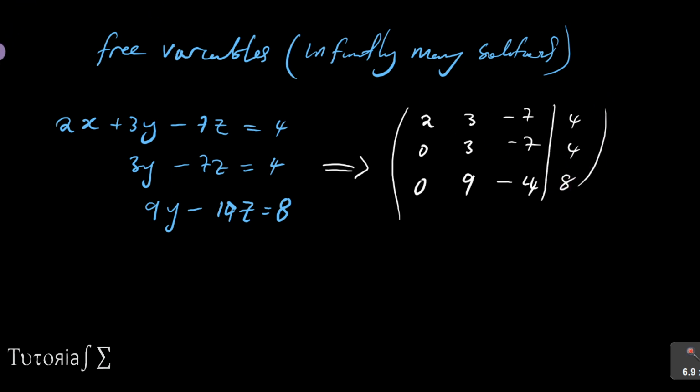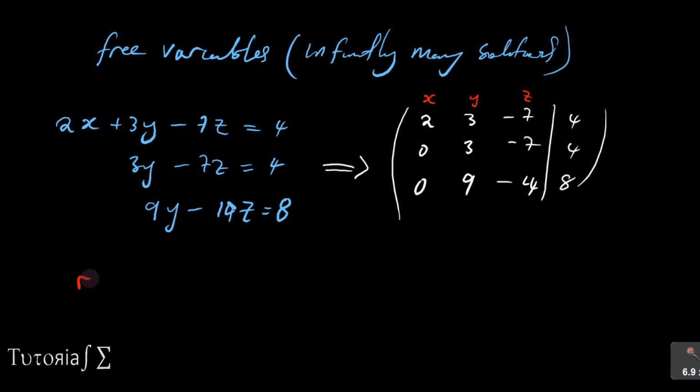Remember, the columns are representing x, y, and z. So all the terms in the given column are x, in the next column are y, and in the last column are z. Here we'll reduce this matrix to an upper triangular matrix, so we need to make a 0 there.